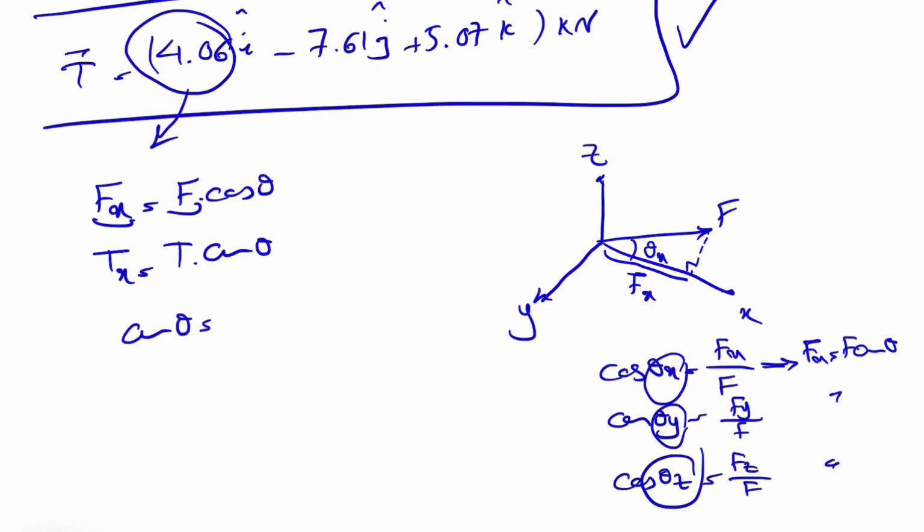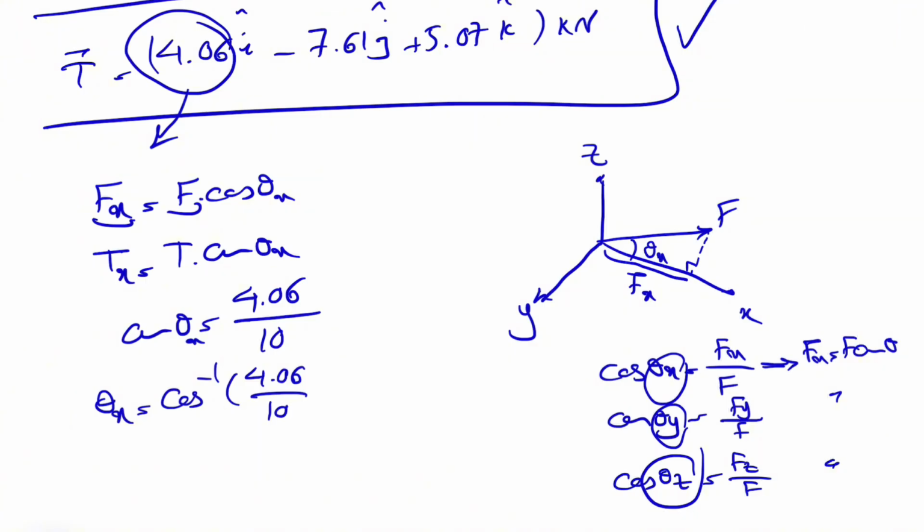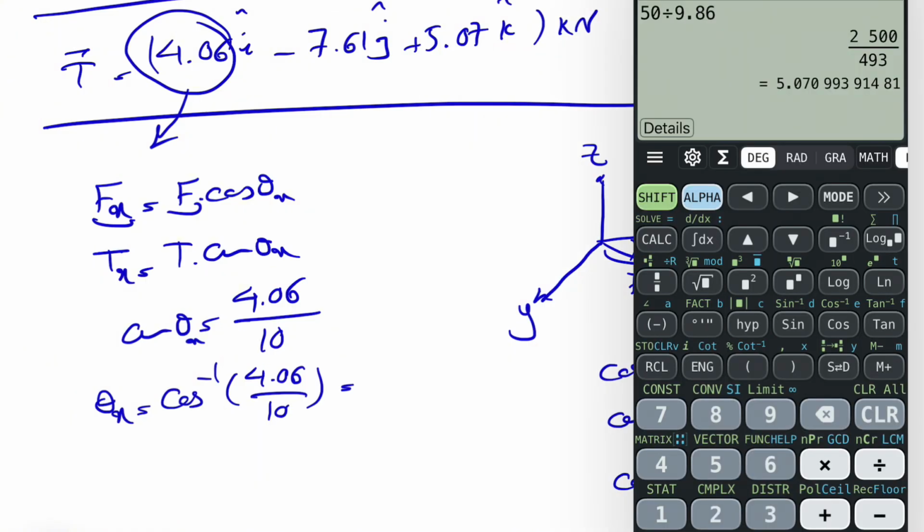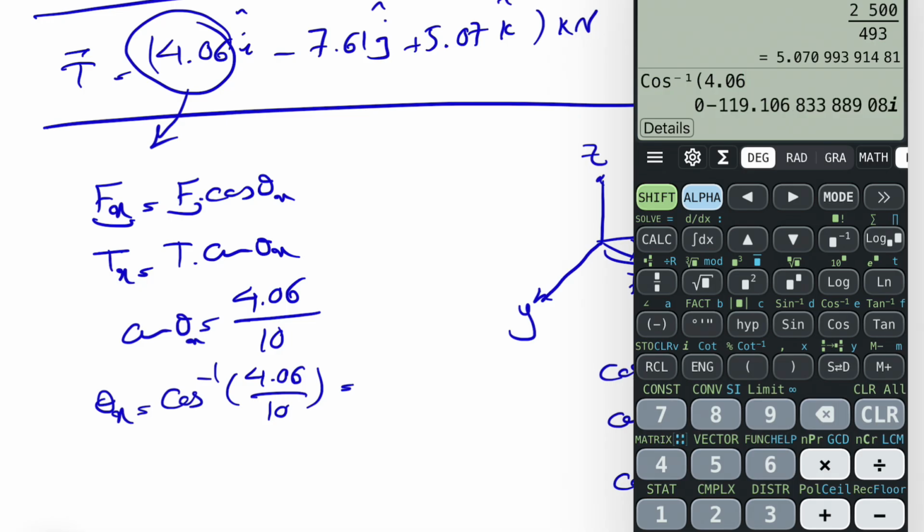So cosine of theta x would be 4.06 divided by 10. So theta x would be the cosine inverse of 4.06 divided by 10. If we calculate that, that's going to give us 66.6.